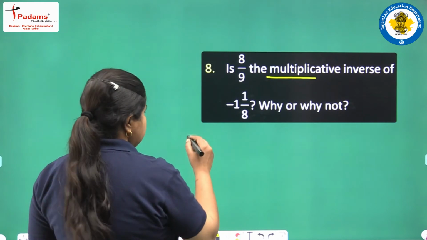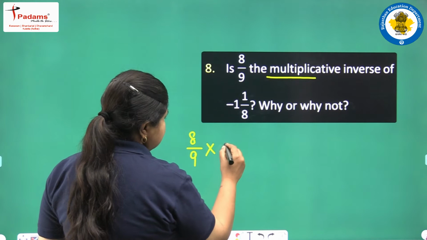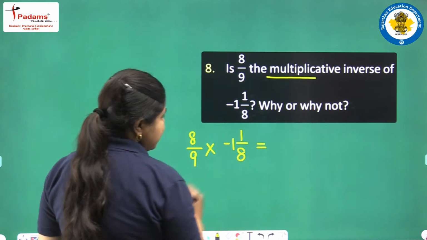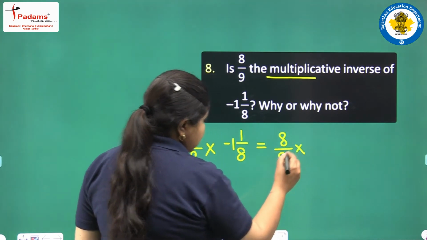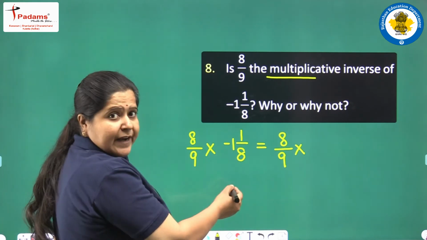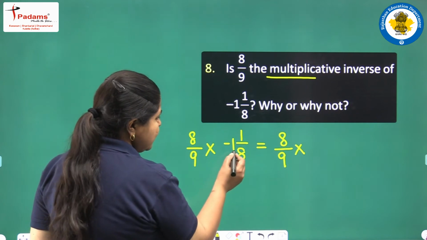So let us multiply 8 by 9 into minus 1 by 8. This will give us 8 by 9 into, we will have to simplify it. This is a mixed fraction, we will have to convert it into a simple fraction. How do we do so?